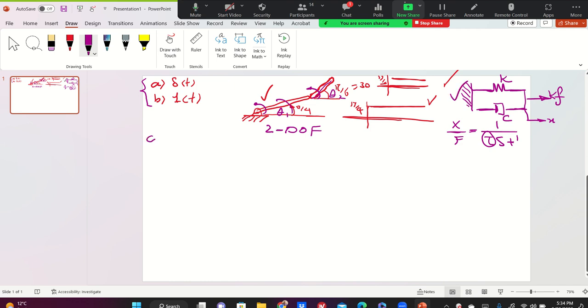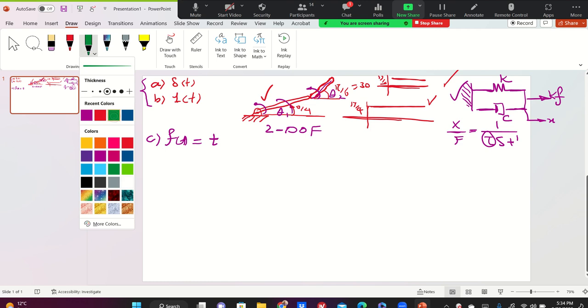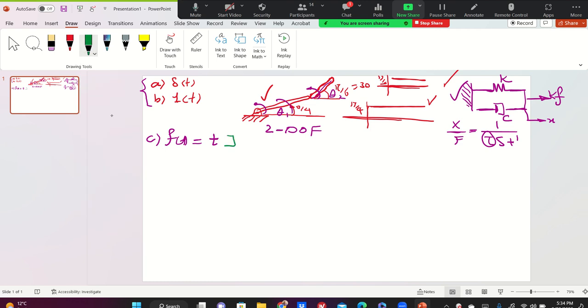So see if your input to the system is a ramp. If it is a ramp and you apply the Laplace transform on both sides, you get the input to the system as 1 over s squared, as you know from the table I provided for the Laplace transform.